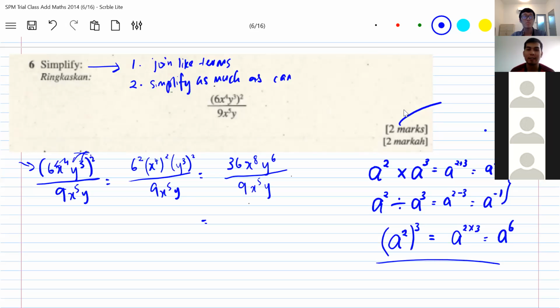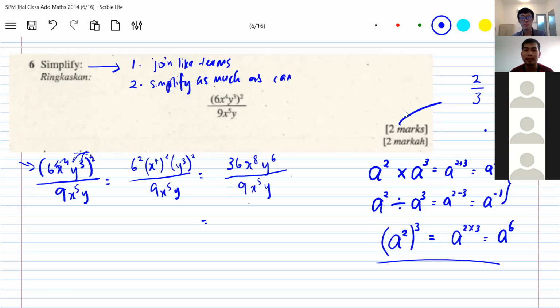Okay, 36 and 9. They are common factors, they are common multiples, which they can be divided. First thing you want to check is, can the top number be divided by the number below, right? So if, say, for instance, it's 2 over 3, then that's the simplest. You can't simplify it any further.